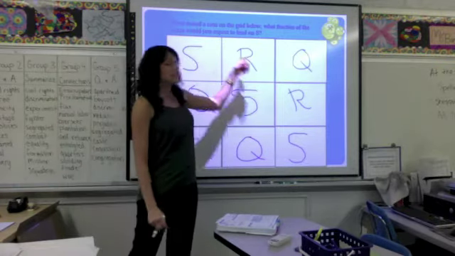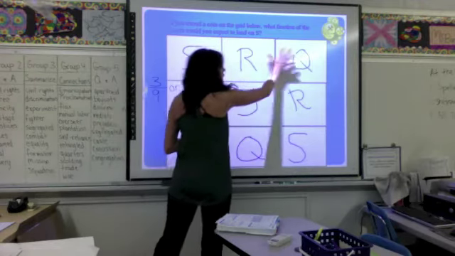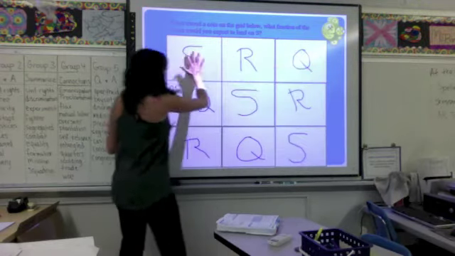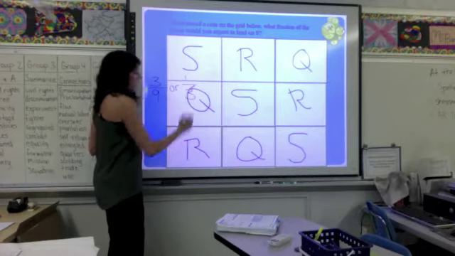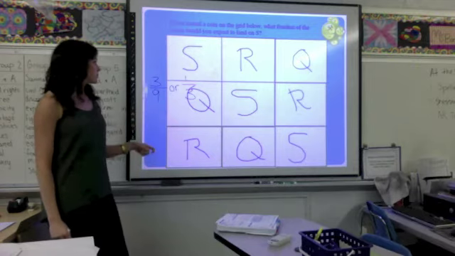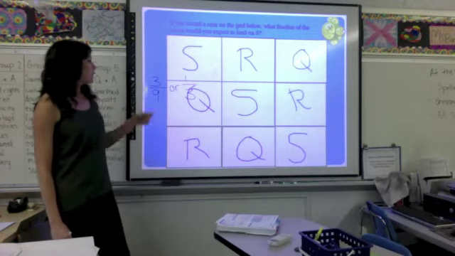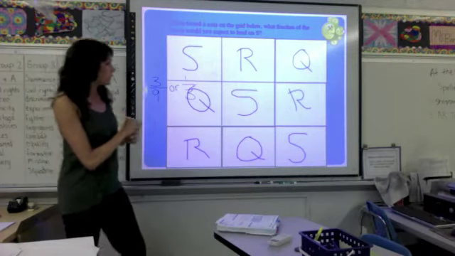There are 3 different letters on the grid, S, R, and Q. S represents 1 out of 3 letters, or 3 options. So there are 2 correct answers here, 3 ninths or 1/3. They're equivalent fractions.